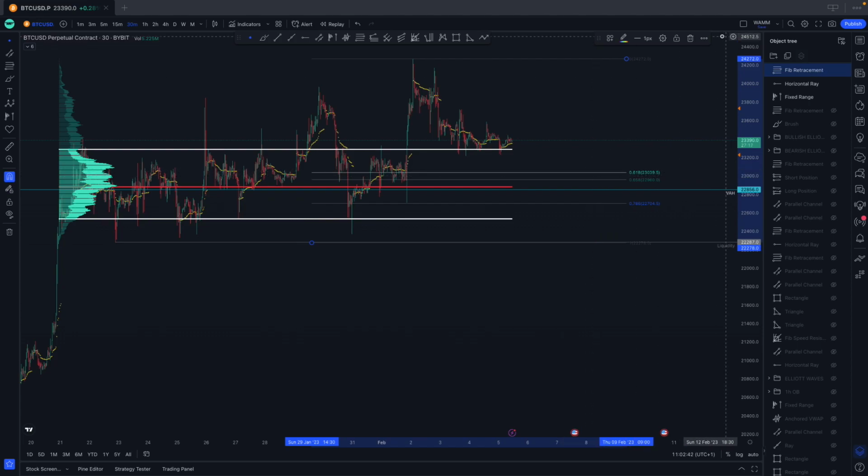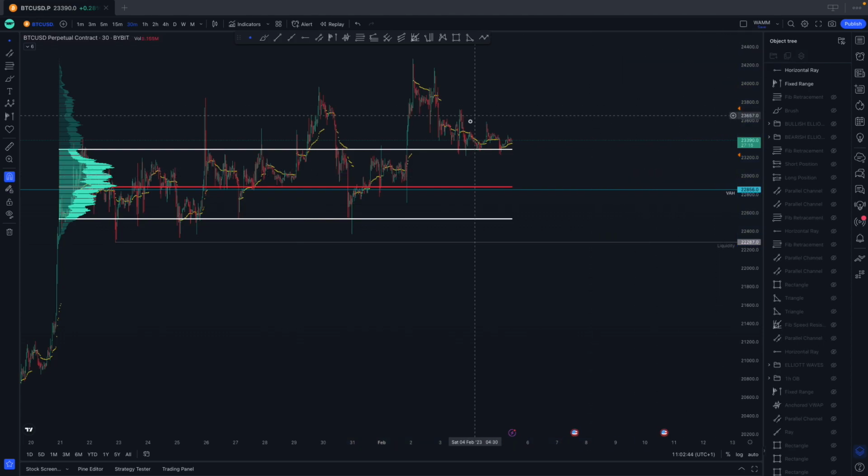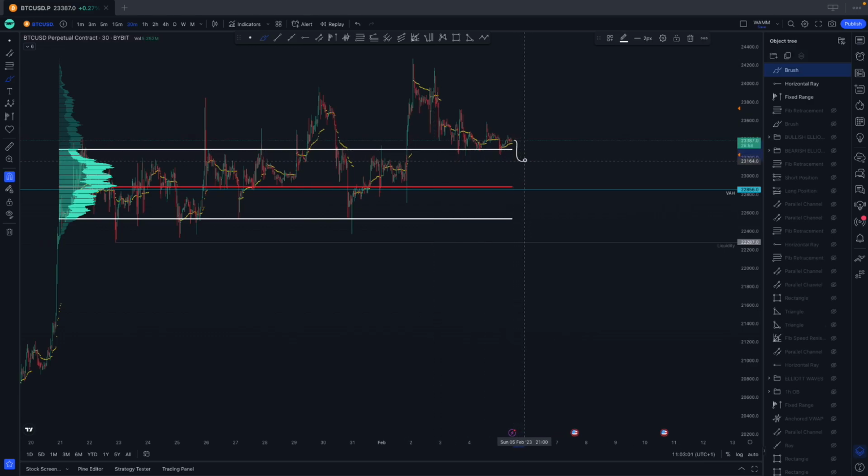We can be aware of that, but the reason why I showed you this fixed range is, look, it's awesome. We have the value area high currently acting as support.